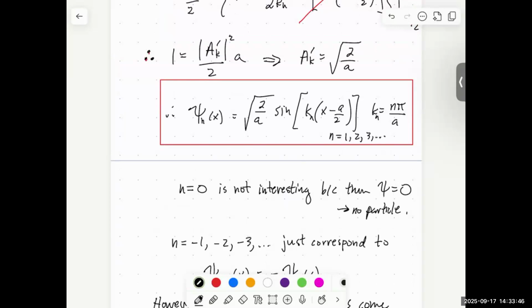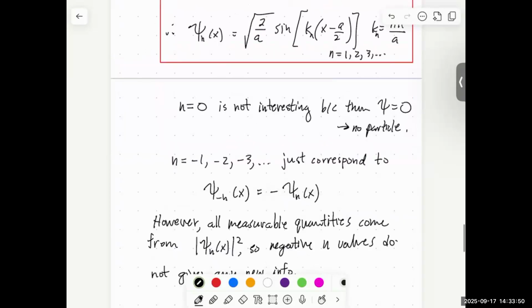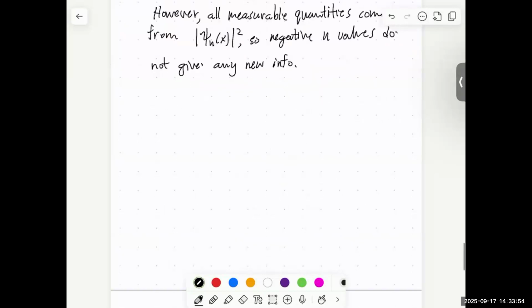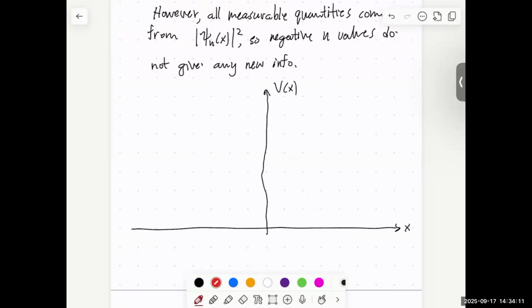Okay, so let's draw some of these solutions. We know what the sine function looks like. So let me draw the potential. Here's x. Here's the center, and I'm going to plot V of x here.